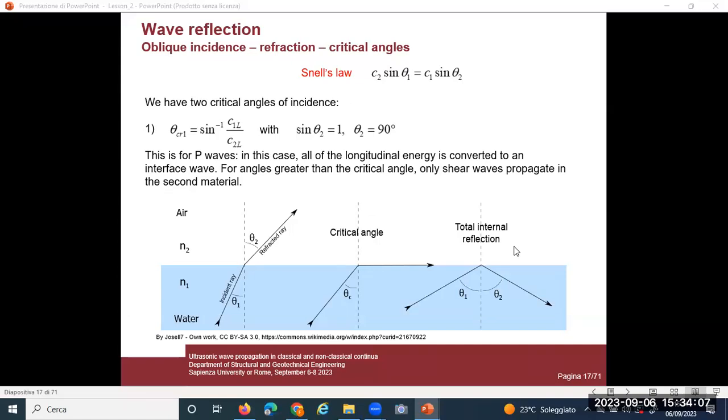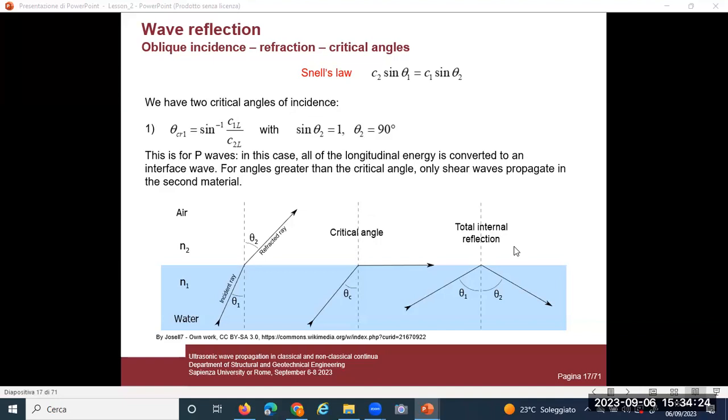solid isotropic and homogeneous material as those which we saw this morning, we've got two waves, P waves and shear waves. Therefore, you've got two critical angles.